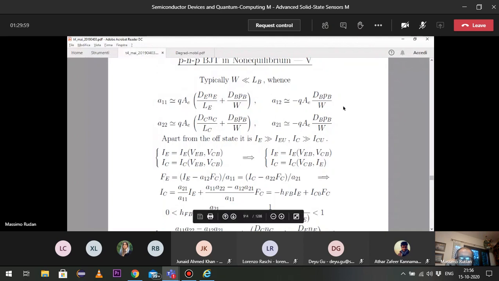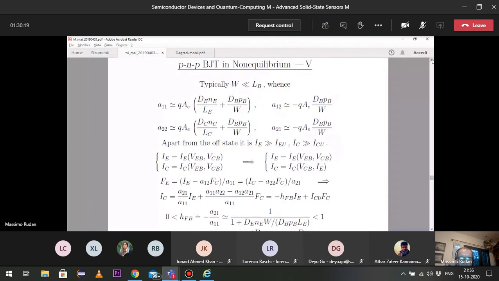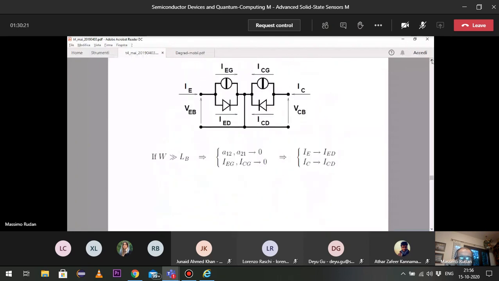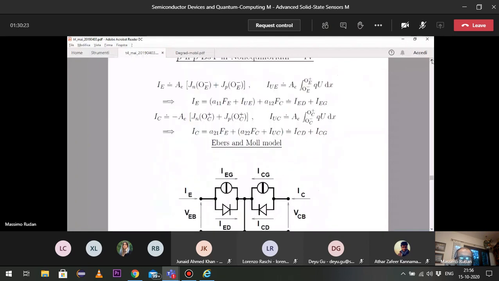A double bipole is described, as you see on the left, as the two currents, emitter and collector currents, given as a function of the two voltages. And the two voltages are embedded in the terms FC and FE, that are of the exponential form, if you remember.